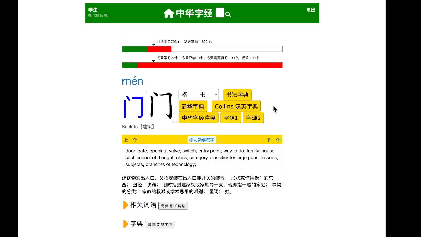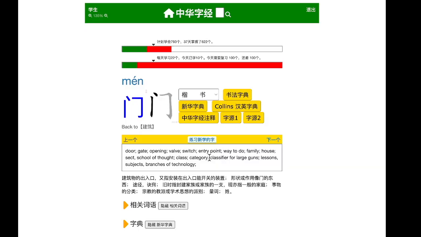Men is a door, a gate, an opening, a valve, a switch, any sort of entry point. Men can also refer to the way of doing something, a family or a house, a sect or school of thought, a class or category, like in taxonomy.